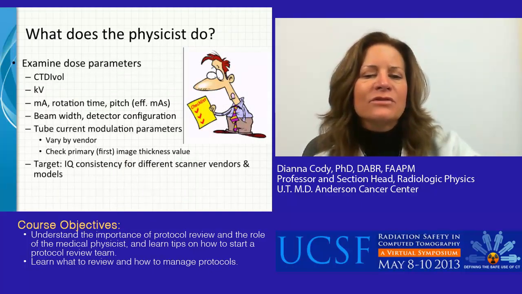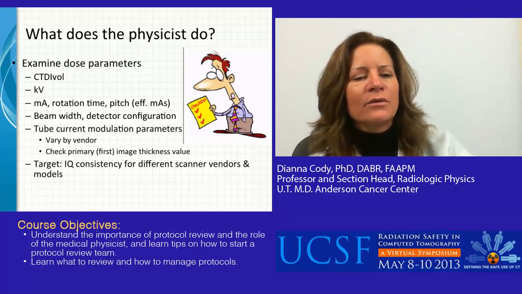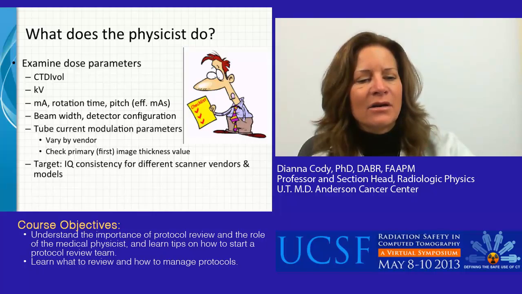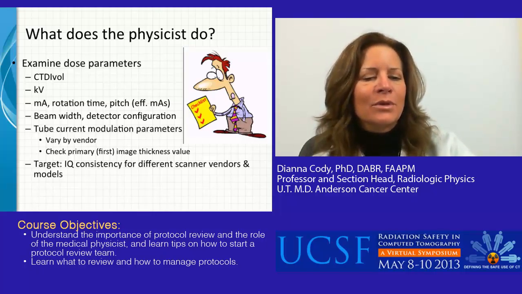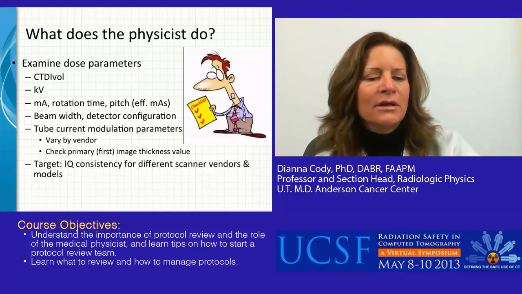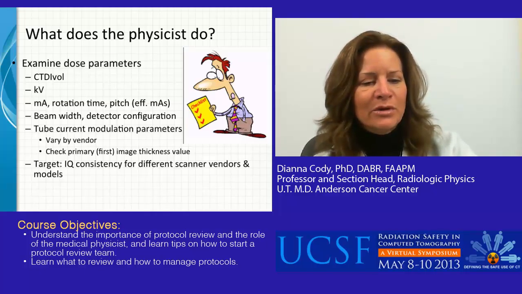So what does the physicist do during all this? Well, they really want to focus first on the dose parameters: CTDIvol, kVp, tube current, rotation time, and pitch, the width of the beam, the detector configuration, and tube current modulation parameters, which vary by vendor.